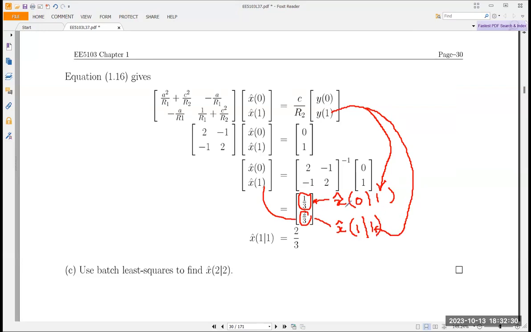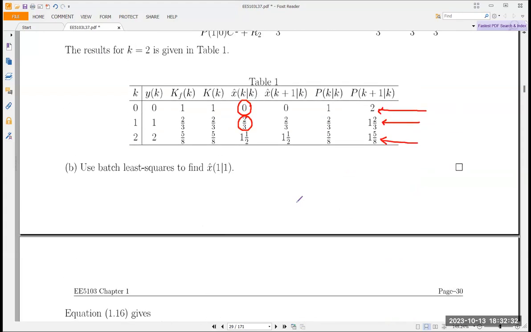All right. Now I say, hey, this one is the same, but this one is not the same. This one, when the Kalman filter calculated this number, this was called k0.